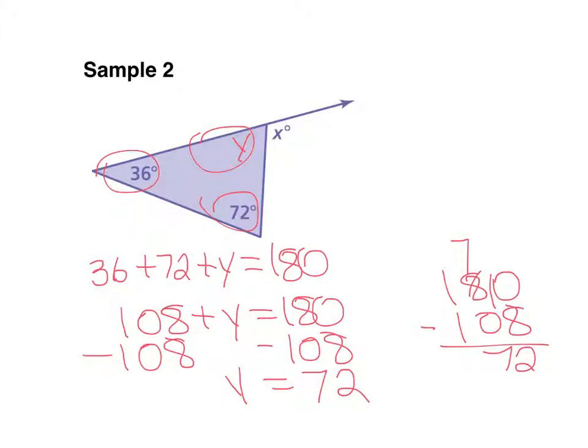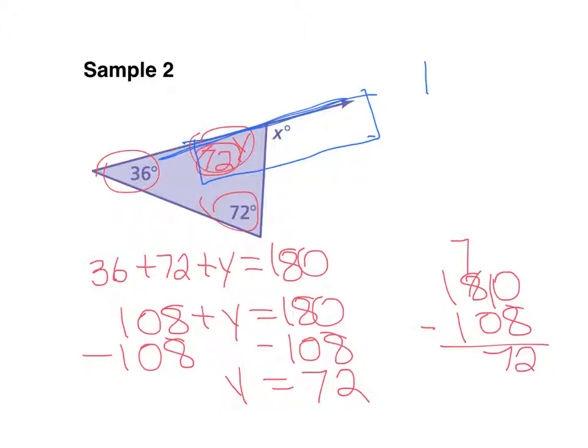But I'm not done. What I've really found is this angle measurement here, 72 degrees. Now I apply what I've learned about angles. I know that 72 and x make a straight line. That means they are supplemental angles. So I know that 72 plus x is 180.